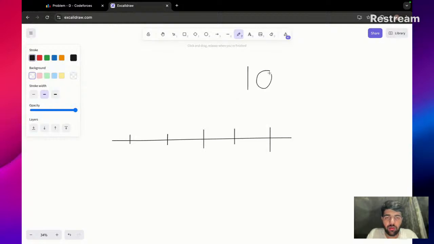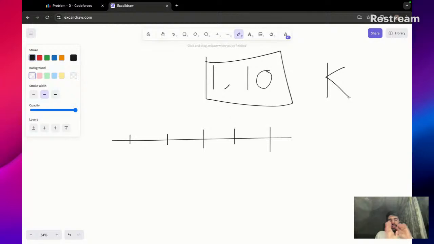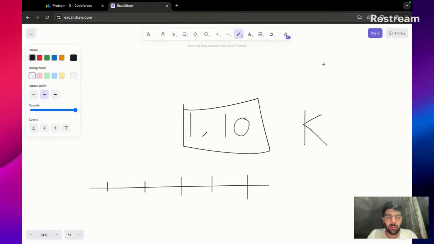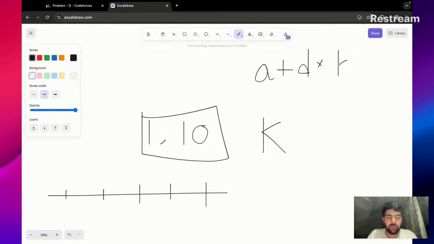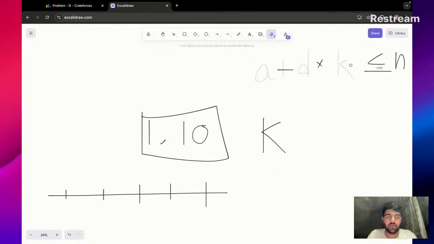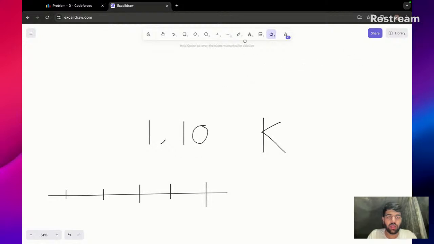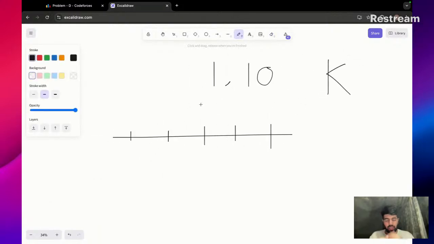So a maximum distance from 1 till 10, k times, but it will always result in less than n. My A plus D times k will always be less than or equal to n. It is given in the constraints, right? My last number will always be this. Okay, so 1 through 10.